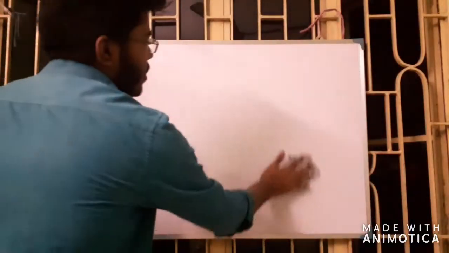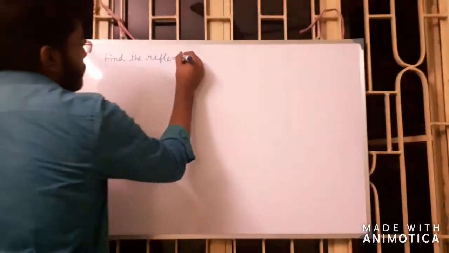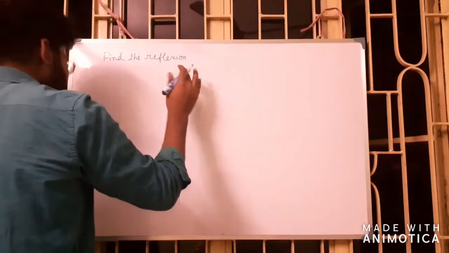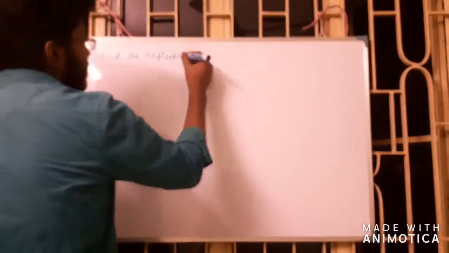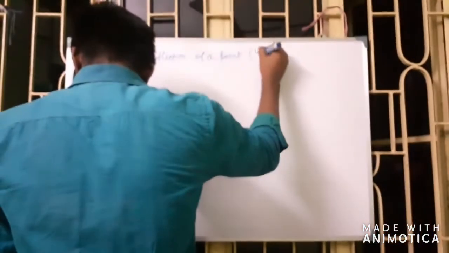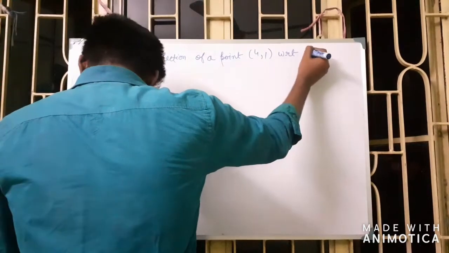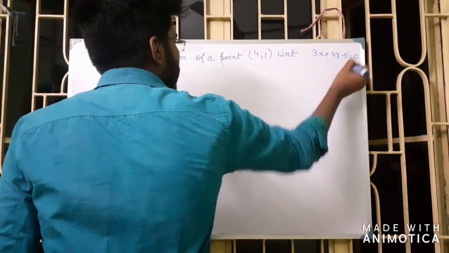If you have not copied it, please pause the video and take it in your notebook. So find the reflection of the point (4, 1) with respect to 3x + 4y minus 5 = 0.